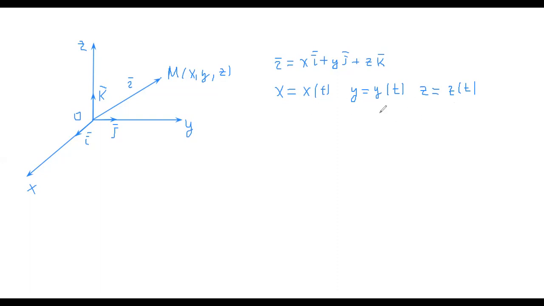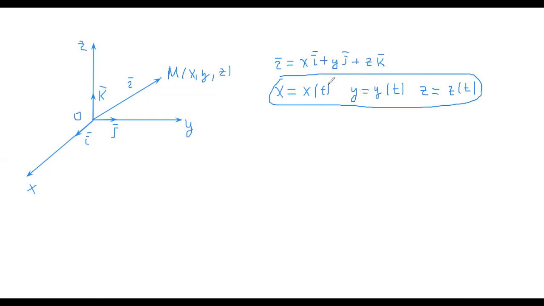And of course, radius vector is also a function of time. These equations are also called kinematical equations of motion.